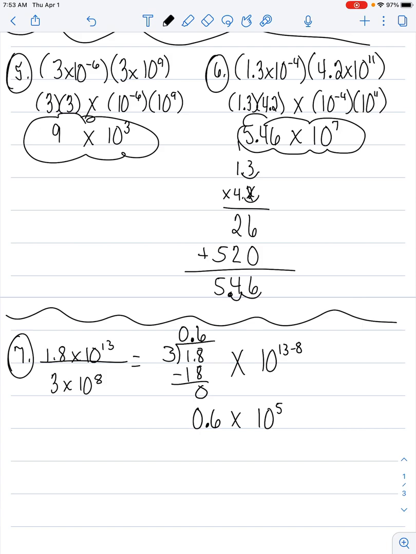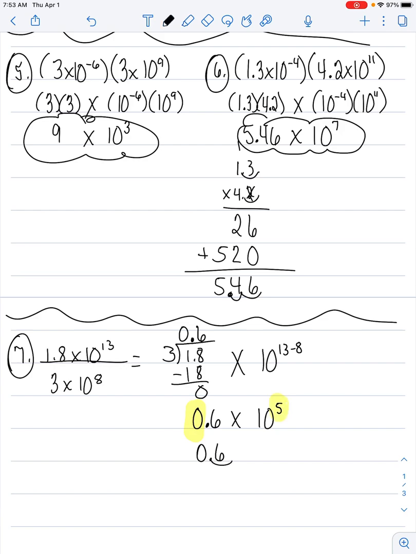Is that in scientific notation? Just because it has a times 10 to the 5th power doesn't mean it's in scientific notation. Because remember, we have to have a 1, 2, 3, 4, 5, 6, 7, 8, or 9 in front of the decimal. So what I have to do is fix this. I'm going to do 0.6, and I'm going to move my decimal 5 spaces to the right.